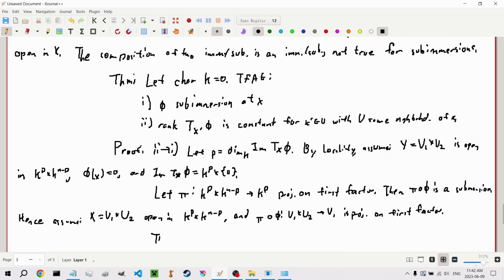and then our morphism phi has the form phi of x1 and x2 equals x1 and psi of x1 and x2.